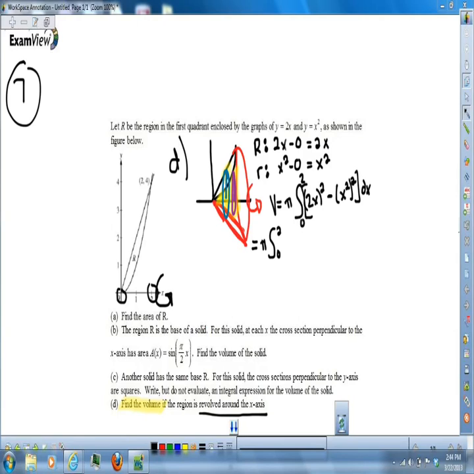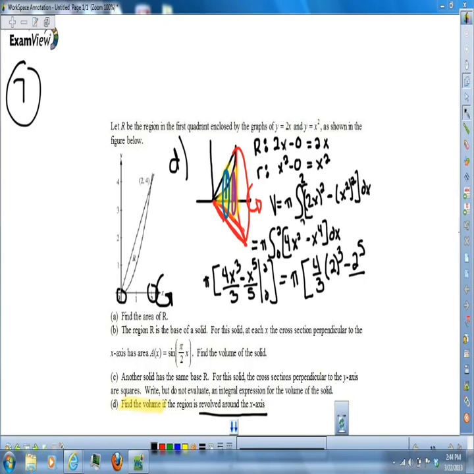If I take the antiderivative, I'm going to have 4x cubed over 3. Substitute the 2, substitute the 0, and you should get 64 over 15 pi.